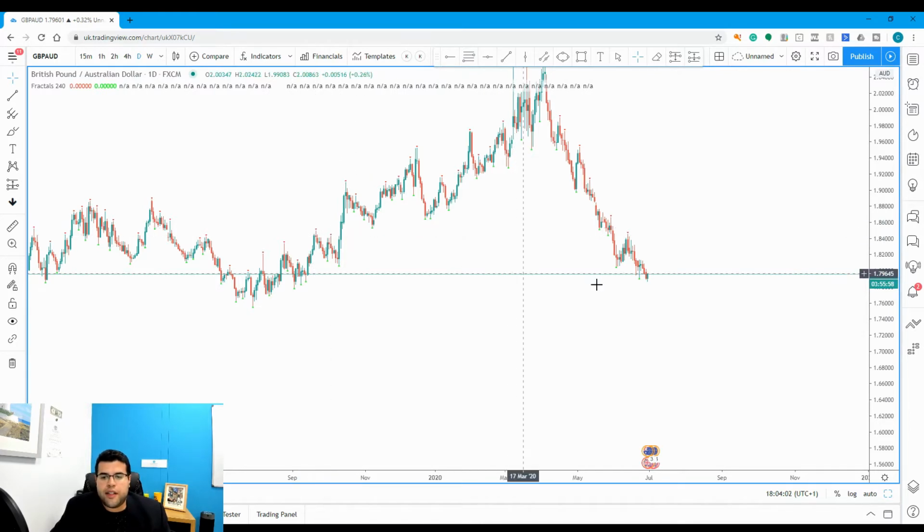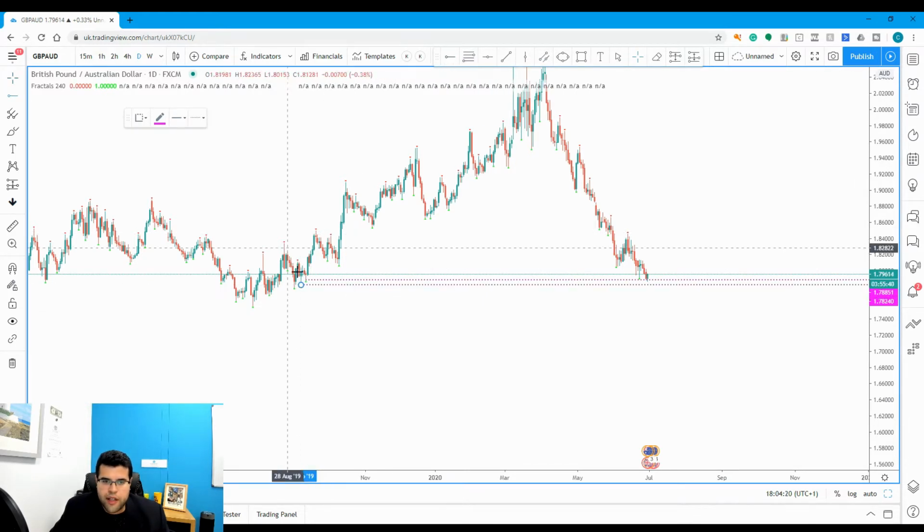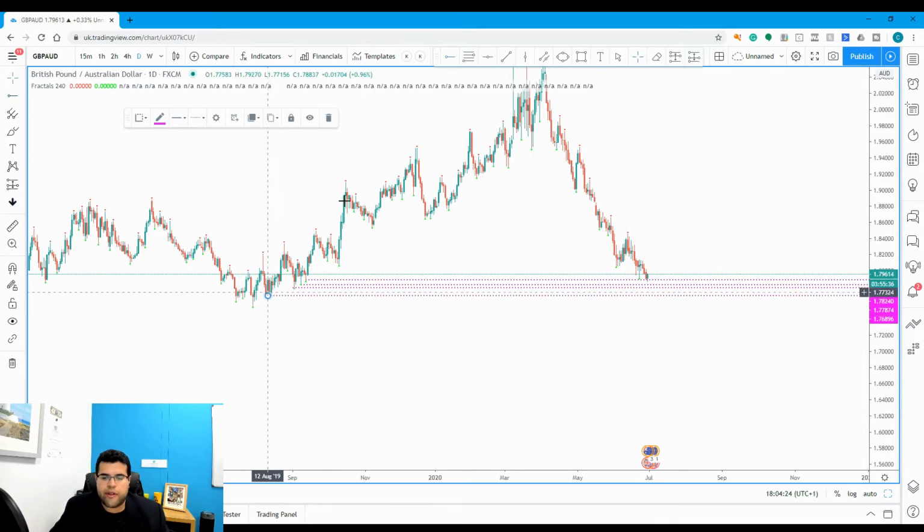In this case, you can see I've got 3 official lows being called here, but I only want one. When they're this close together, I only want one. I'm not going to start dropping in a bunch of lines and saying that's support, that's support, that's support.